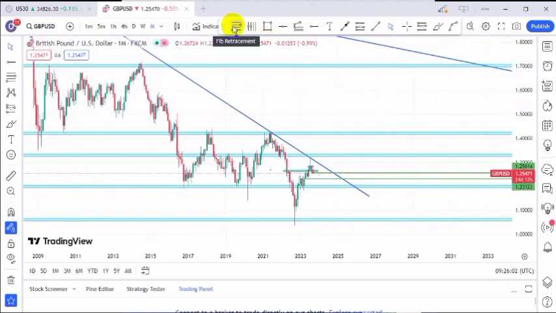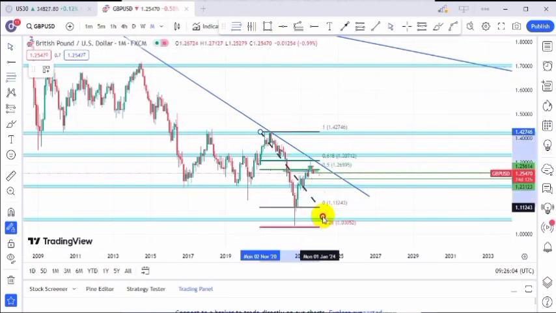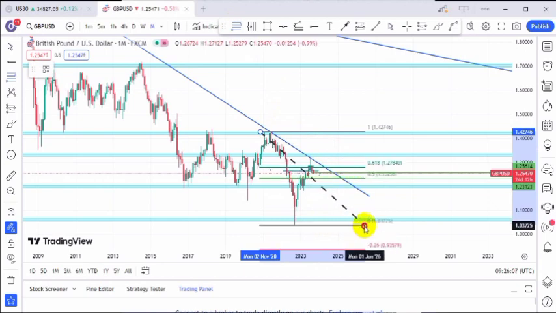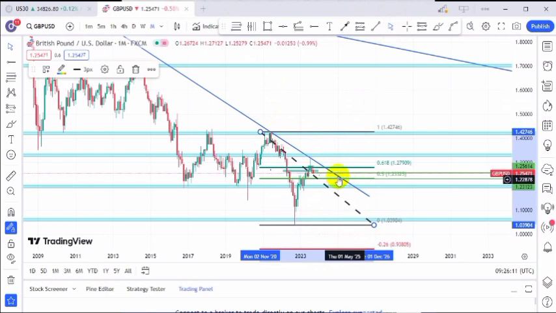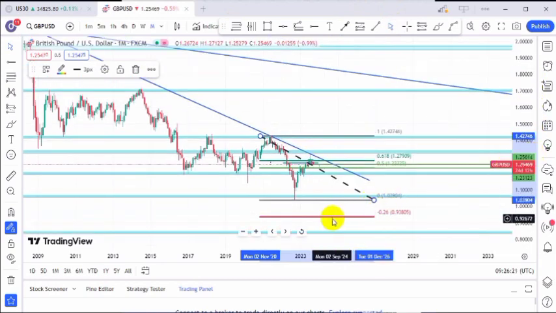If I draw my Fibonacci from swing high to swing low, you can see clearly that this market is in the Fibonacci region, a retracement region. So we are heading to the 100% retracement for a sell and to the last take profit.